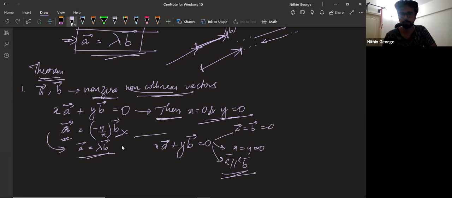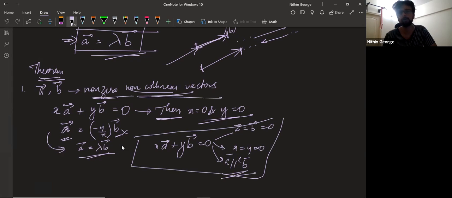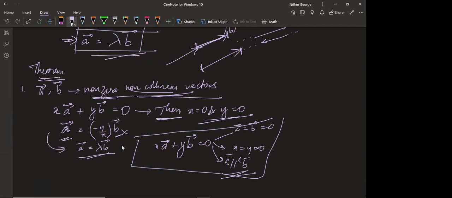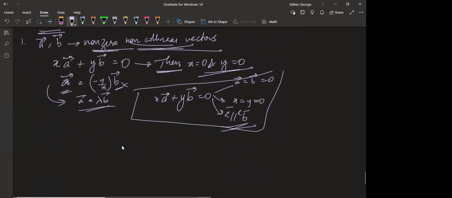But here we are talking about non-zero, non-collinear vectors. In that case, x equal to 0 and y equal to 0. They can't exist as a multiple of the other vector. Did you understand that much? If they're non-collinear, you can't write one vector as a multiple of the other. That's the theorem. Right?